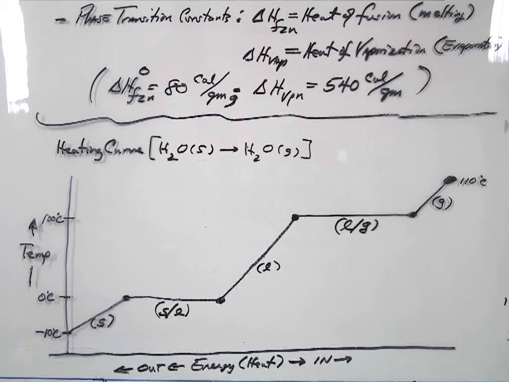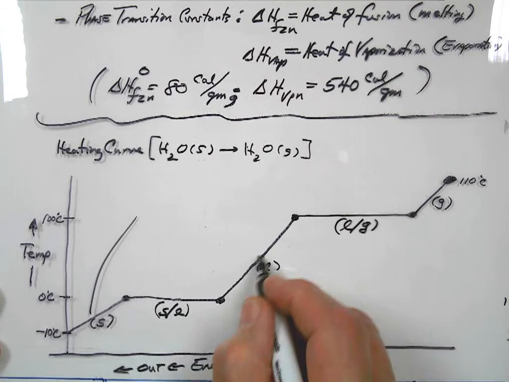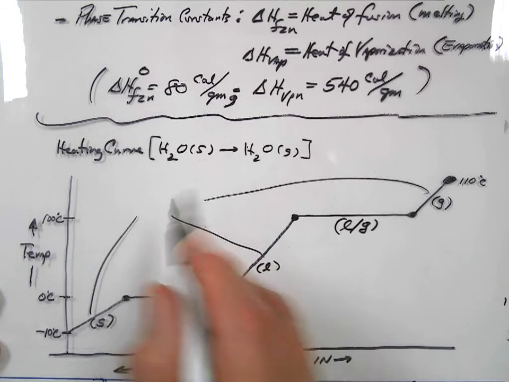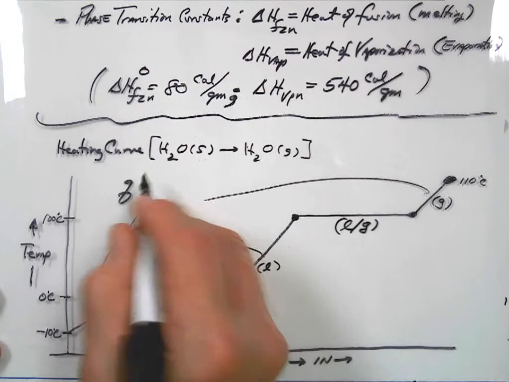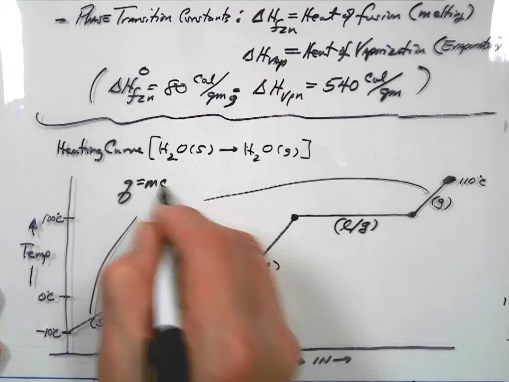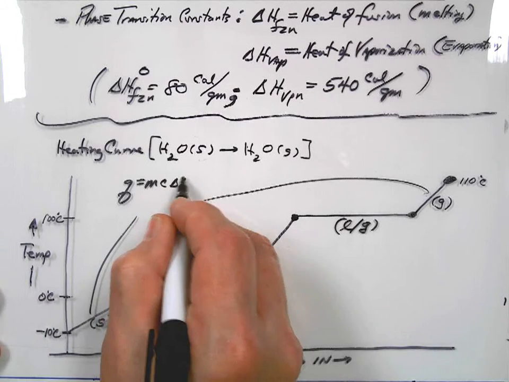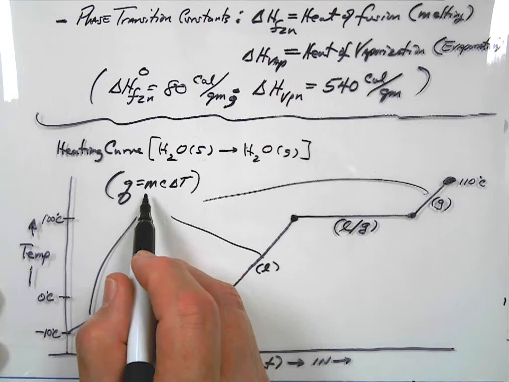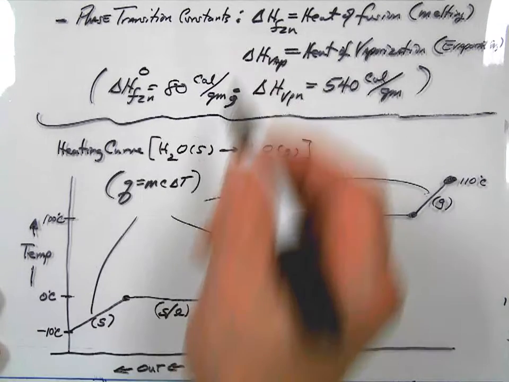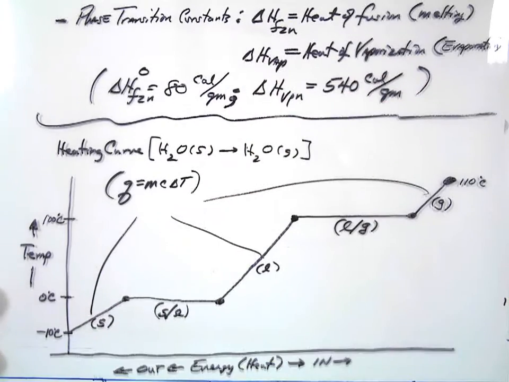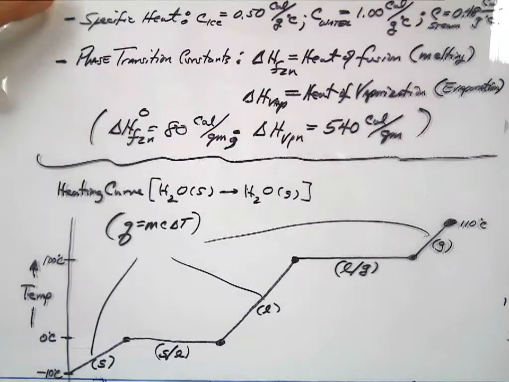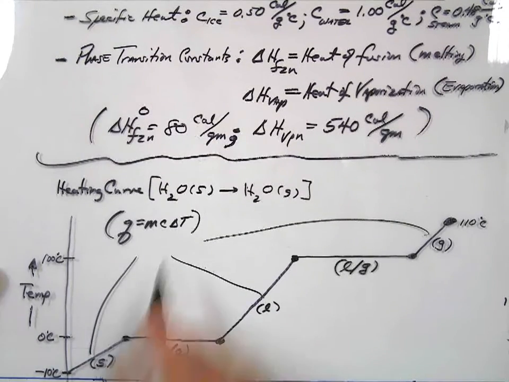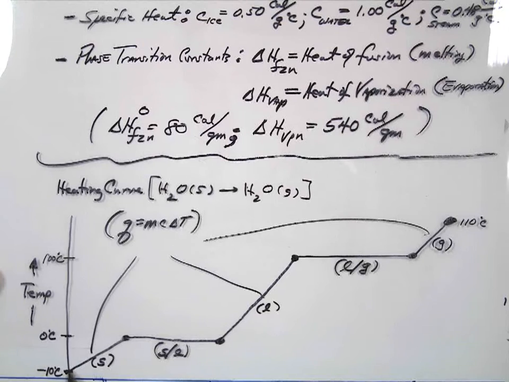Well, the segments that do change in terms of energy are defined by Q equals mc delta T, where m is the mass undergoing the change, c is those constants that we talked about, the specific heat constants up here, okay, and delta T is the change in temperature from start point to where it goes into its phase change.